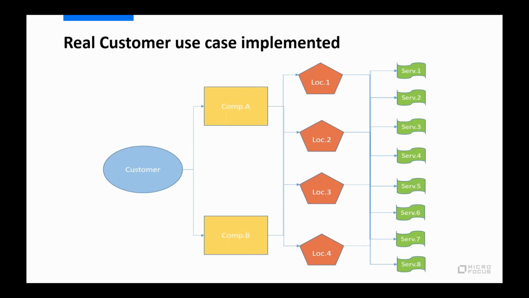Here I've taken one real use case example where I have implemented it for a customer. In that customer environment, they were using SMAX for their customers. They had many companies, and each company had many locations, but the services they were offering were the same for everyone.